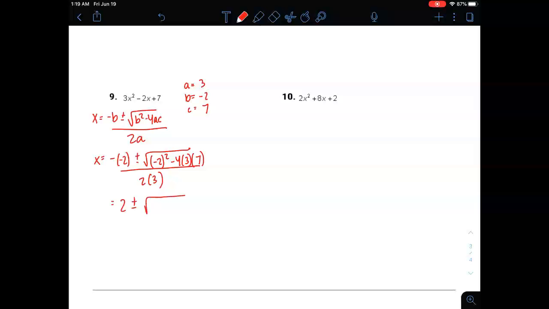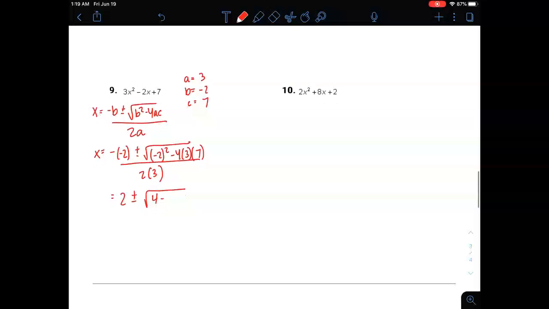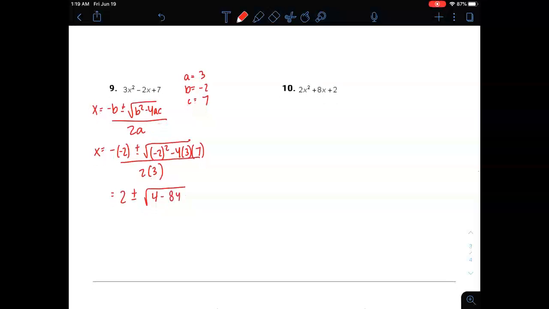All right, so now if we start simplifying down, negative 2, that makes that positive 2, plus or minus the square root of negative 2 squared gives us 4 minus 4 times 3 times 7 gives us 84, and then that is over 2 times 3, which is 6. So simplify down one more step: 2 plus or minus square root of negative 80 over 6.